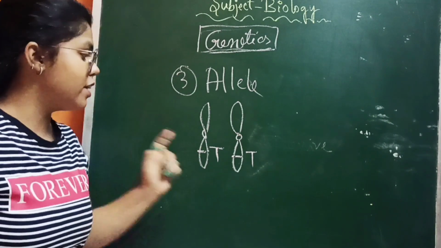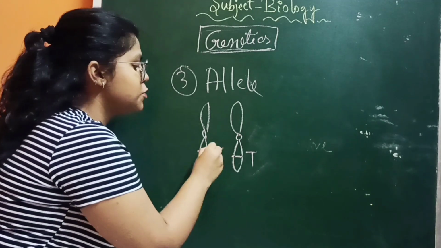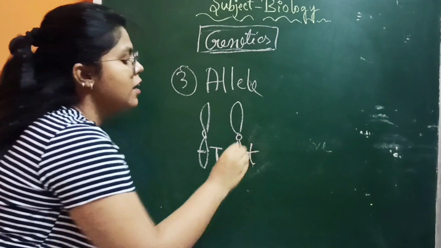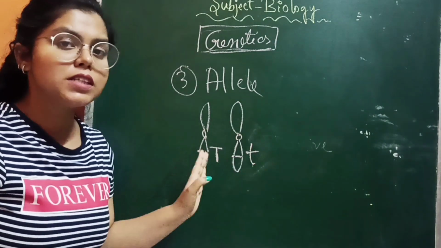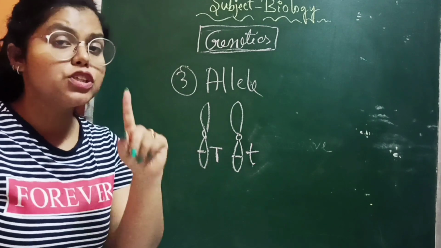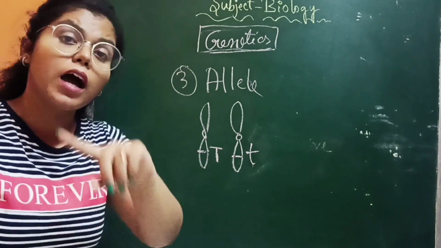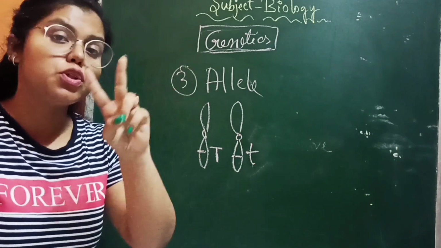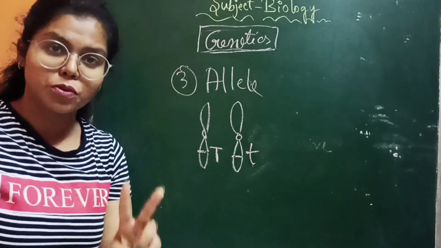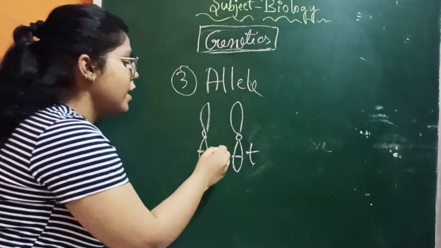So if capital T is present on one chromosome and small t on the other, these are the two alternative forms of a gene. The gene is responsible for the height of the plant, but the two alternative forms are tall and dwarf.